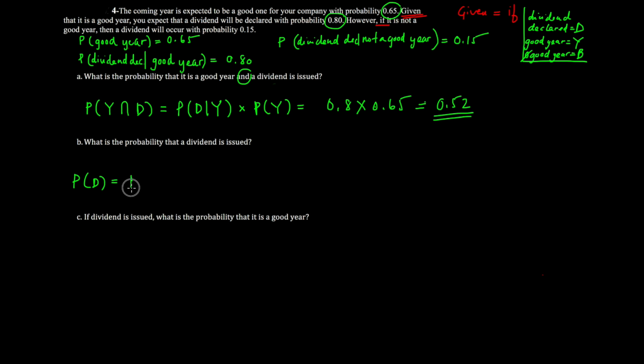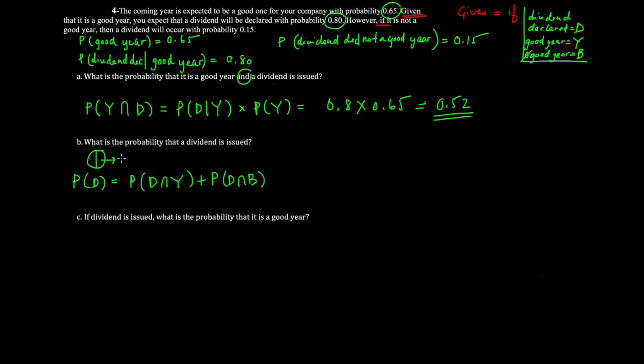So the probability of D is made out of two things. And what are those two things? It's a dividend and a good year plus a dividend and a bad year, right? We agree that the dividend is made up of these two things, because a dividend can only occur in two ways.